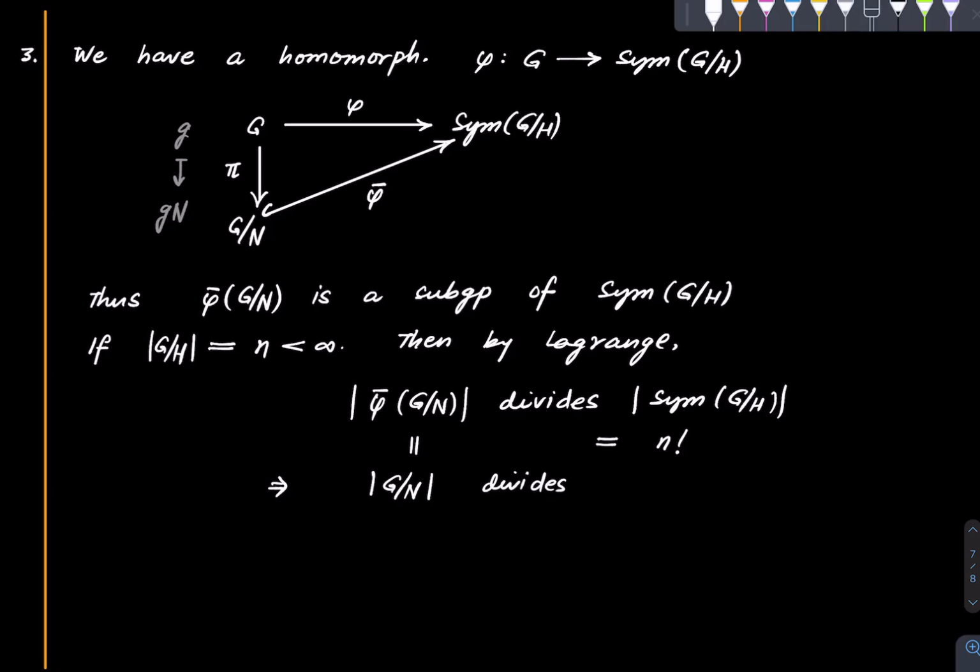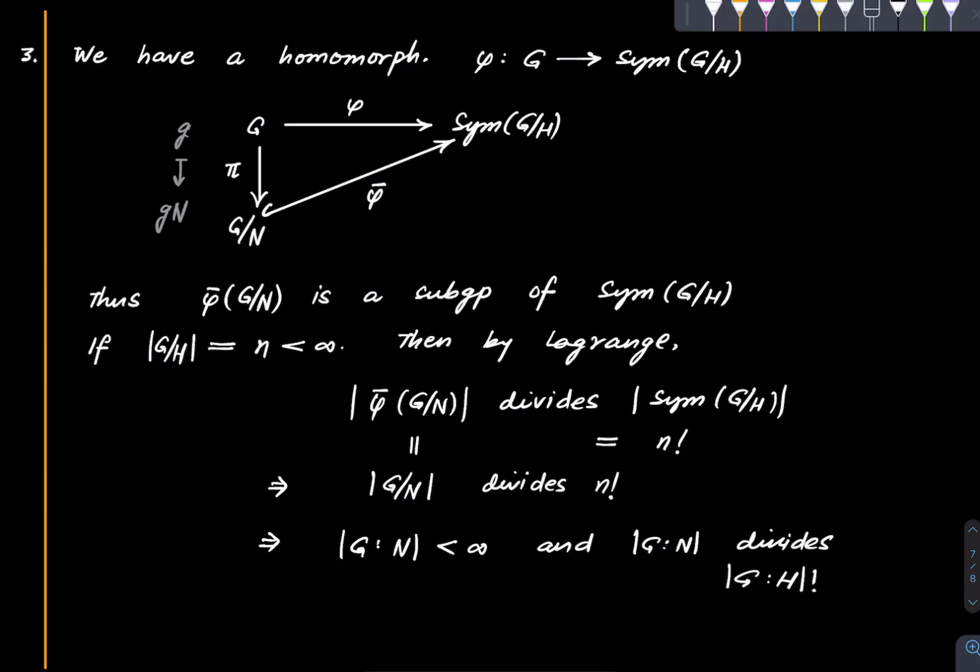So the index of N in G divides n factorial. This means that the index of N in G is finite, and more strongly, it divides the cardinality of this guy, which is nothing but the factorial of the index of H. So we have proven both the parts in one shot.